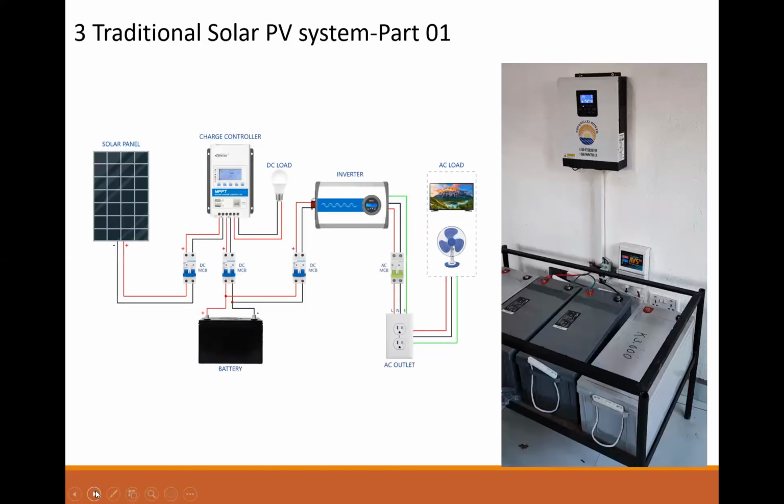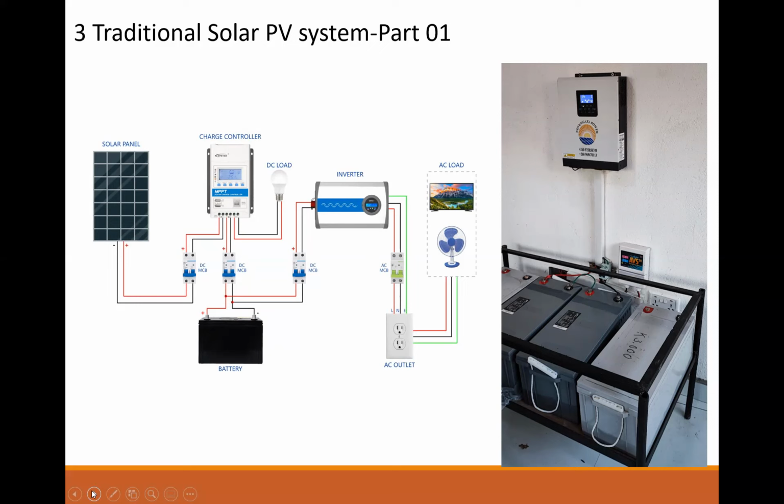When we go a bit backwards, we showed the traditional solar PV system previously, and also in comparison with one of the modern power systems. But again, when we look at these, we have all the actual components.